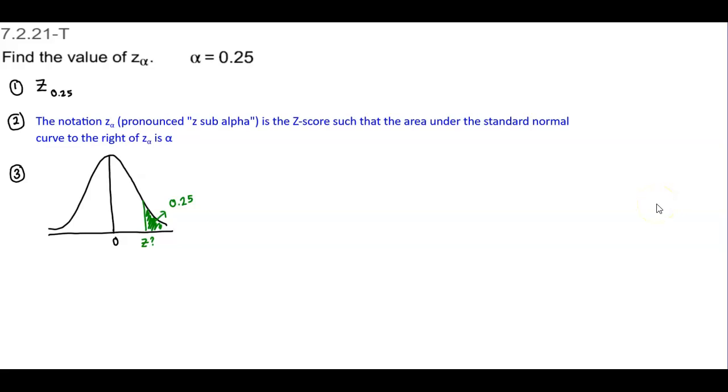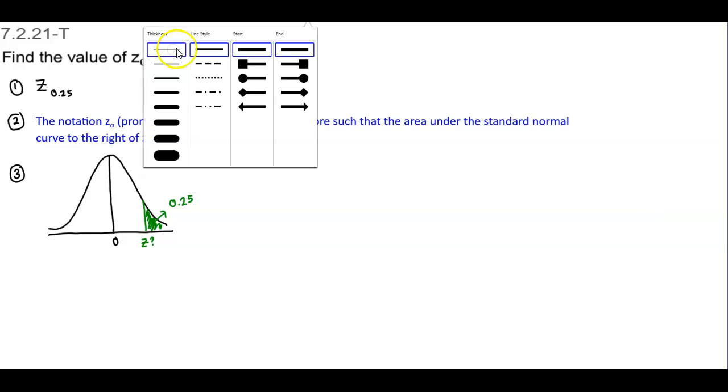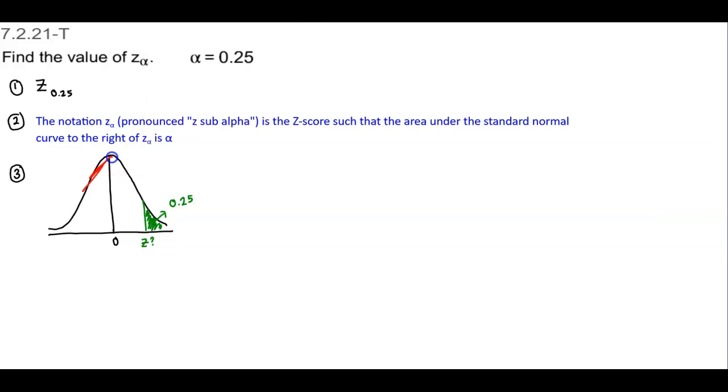Now in order to find that z-score, what we need is the area to the left of this z-score. How can we determine that? We take the value of 1 and subtract the area to the right, which is 0.25.